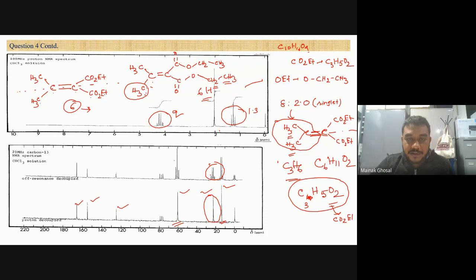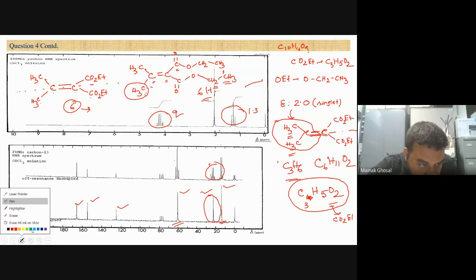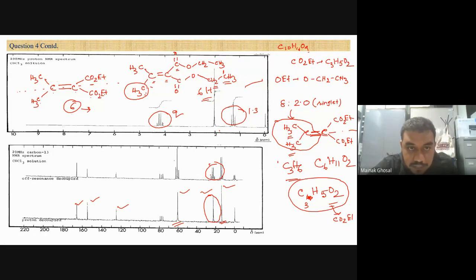Now you have to figure out which carbon is this one, what is this one, and what is this one. So you are left with 3 carbons. If I name it 1, then 2, 3, 4, 5, 6.